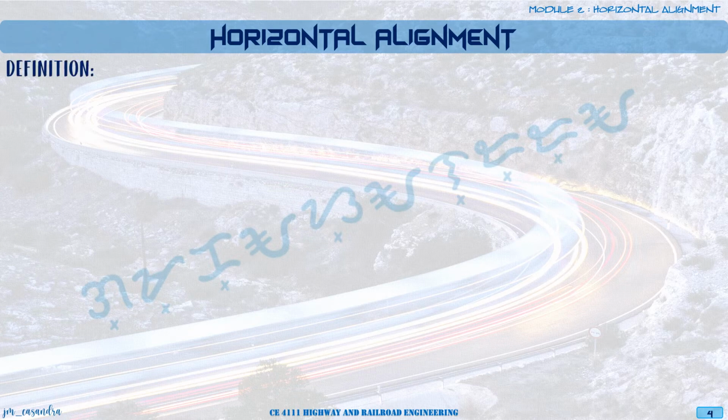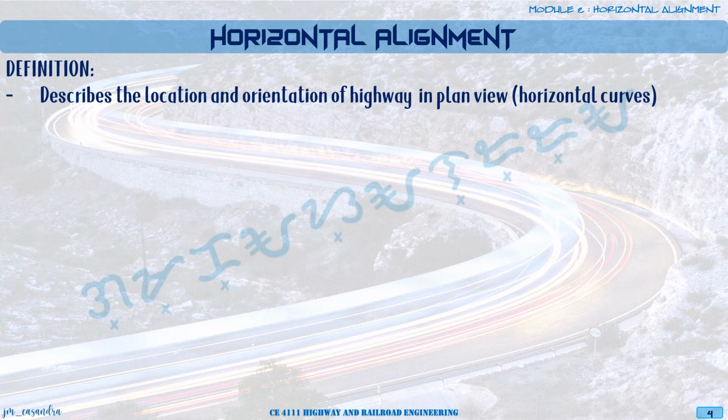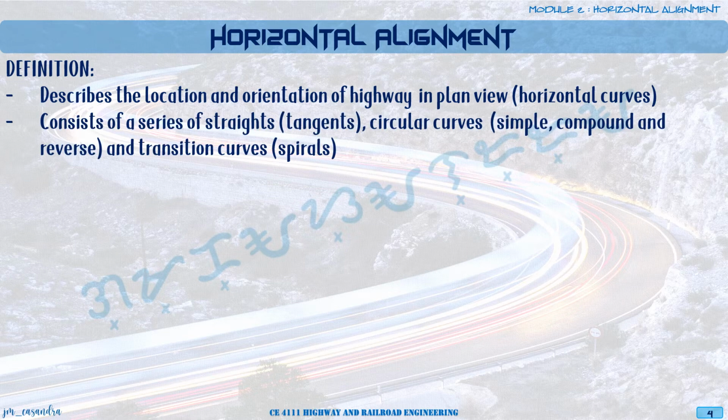So for horizontal alignment, this is now defined as the definition or description of the location and orientation of our highway in plan view through our horizontal curves. So this would now consist of a series of straights or our tangents, our circular curves, which would include our simple, compound, and reverse curves, and our transition curves or our spirals.